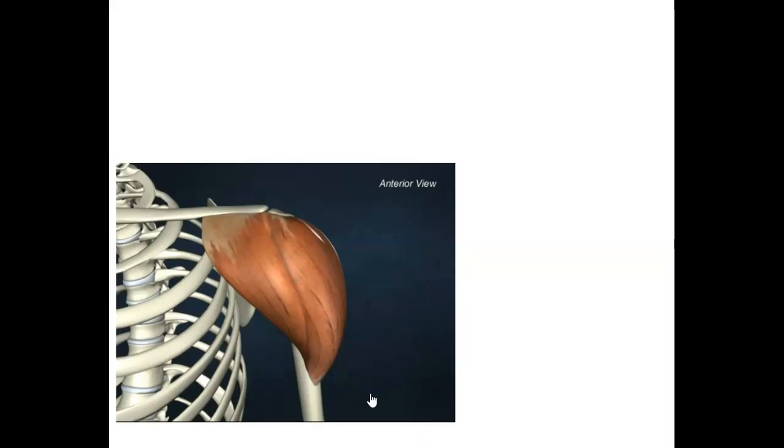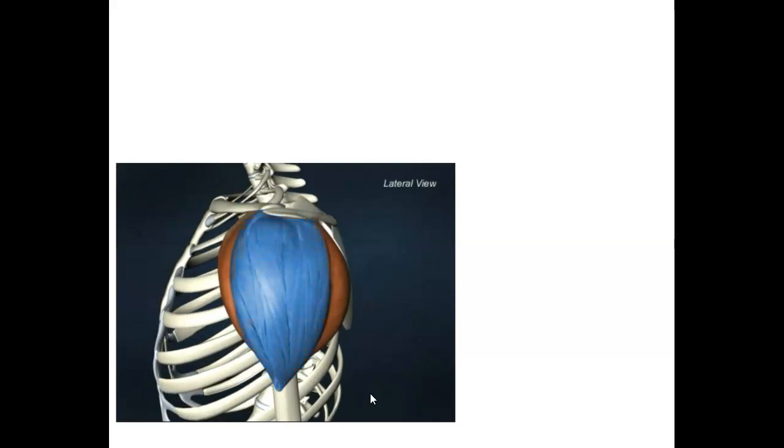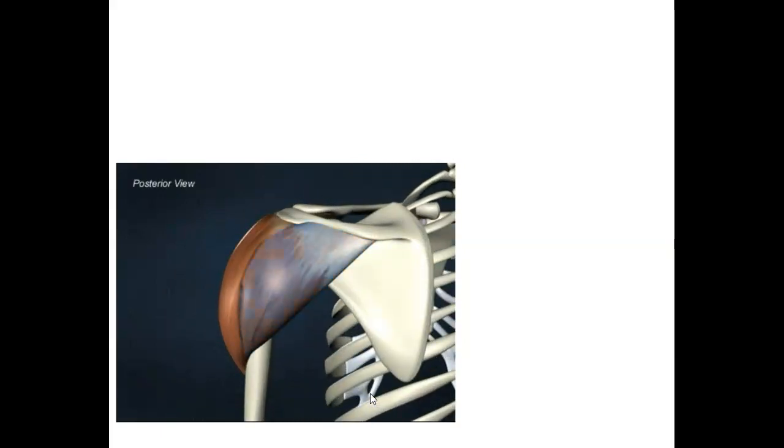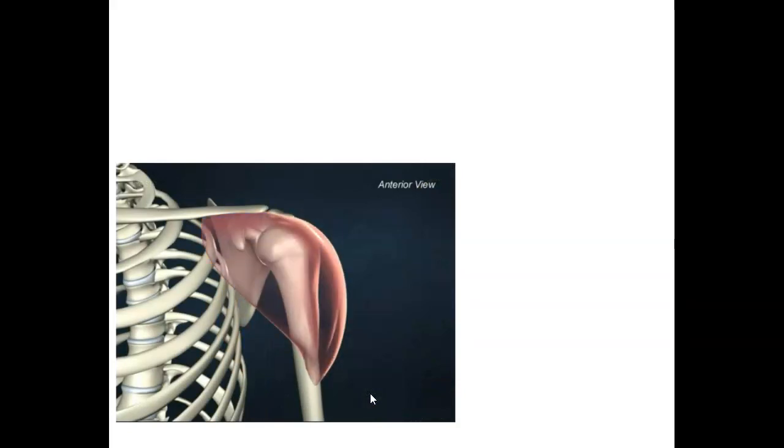The deltoid is the large fleshy muscle we most associate with the shoulder complex. It may be separated into three groups of fibers: anterior, middle, and posterior. The origin of the anterior fibers is from the lateral one-third of the clavicle.